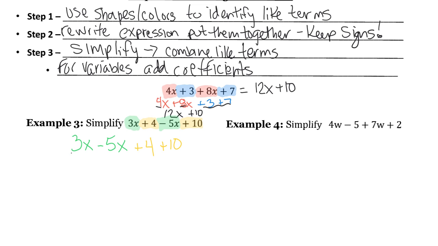But for variables, we just add our coefficients. So what's 3 minus 5? 3 minus 5 is negative 2. And then the x just comes along for the ride. And then we have 4 plus 10, which I know is 14. So then example 3 simplifies to that.